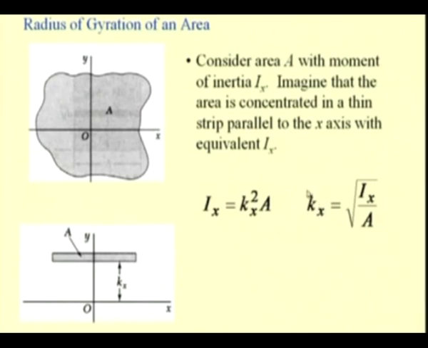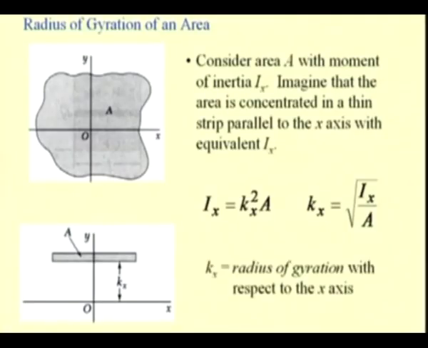So, this is a unique quantity with respect to a given axis, and for various areas that are of engineering importance, like beams of cross sections such as I sections or L sections, we take this radius of gyration as tabulated values to proceed with our engineering calculation. And this is the radius of gyration with respect to the x axis.